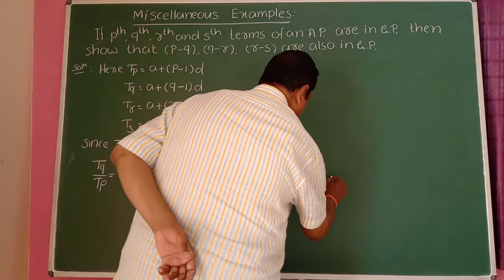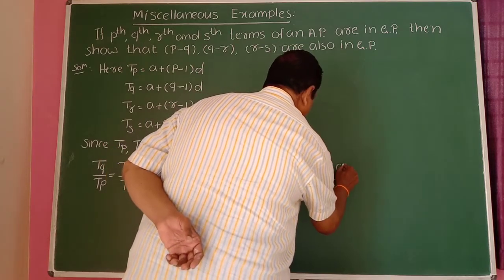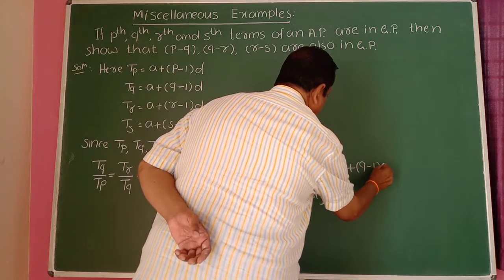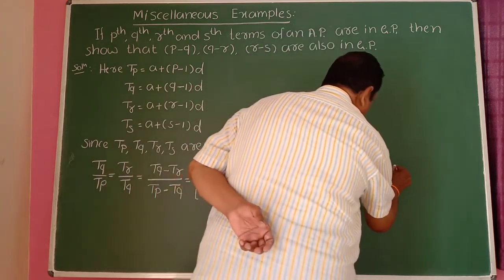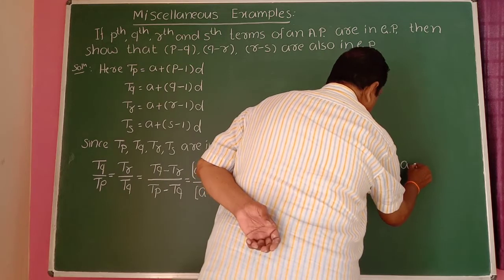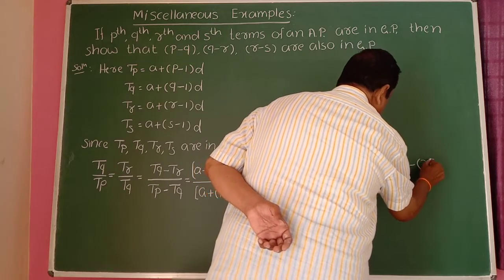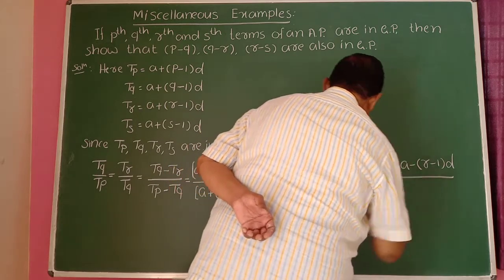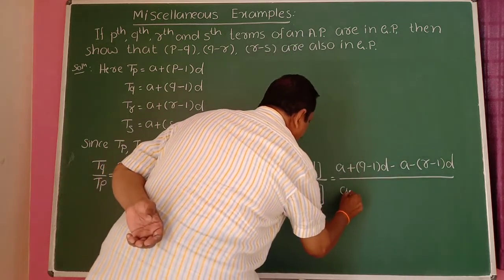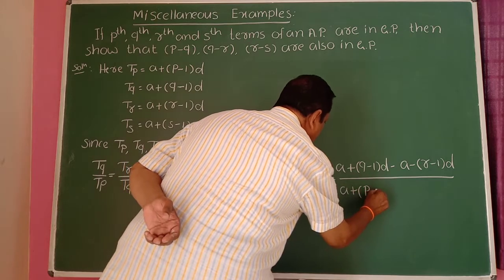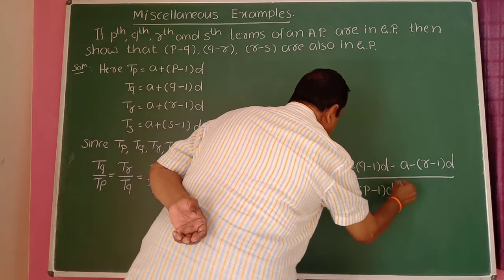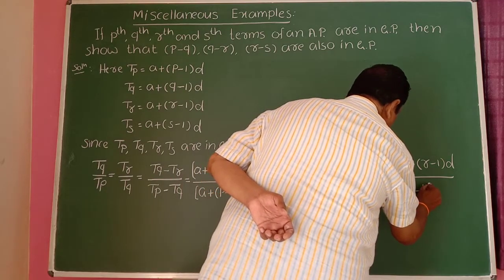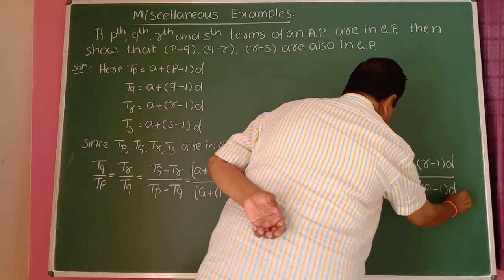Therefore, this is equal to a plus q minus 1 into d minus a minus r minus 1 into d, whole divided by a plus p minus 1 into d minus a minus q minus 1 into d.